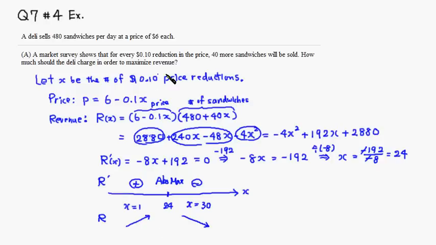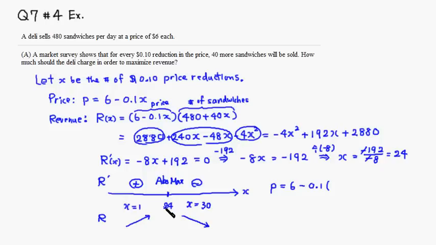Since the question is how much should the deli charge, we're looking for the price. So the price P that we're looking for would be 6 minus 0.1 times the x value.